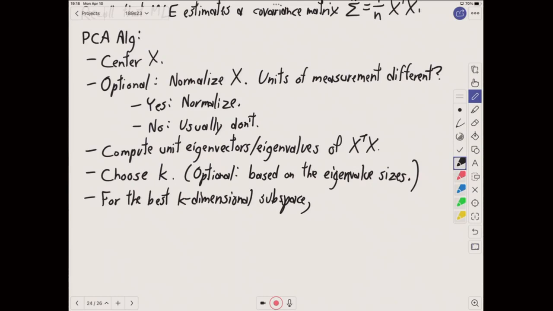And the answer there is you pick the eigenvectors associated with the k largest eigenvalues, which are the eigenvectors starting from v subscript d minus k plus 1 up to vd, which is the best one. Then the next step is computing the principal coordinates.